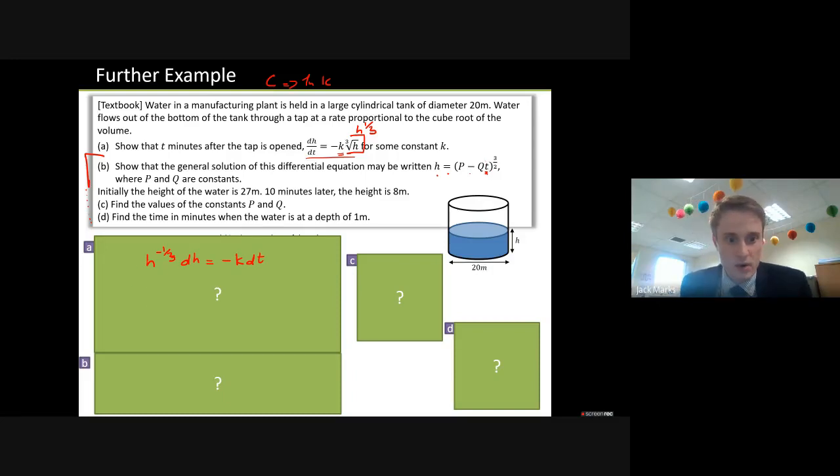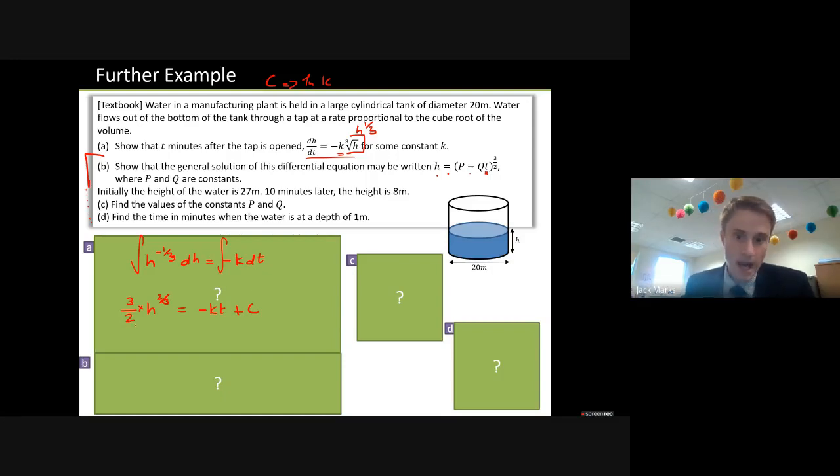After this one here, well, we can integrate on both sides. Okay, so if we integrate on both sides, we're going to have what? We're going to have h to the 2/3, because minus a third plus 1 is 2/3. And then you multiply by the reciprocal of the new power, which is 3/2, is equal to minus kt plus c.